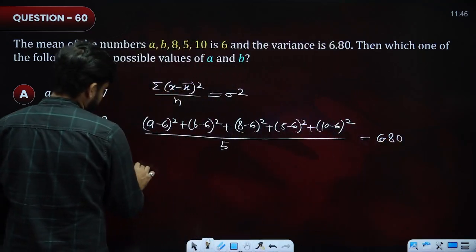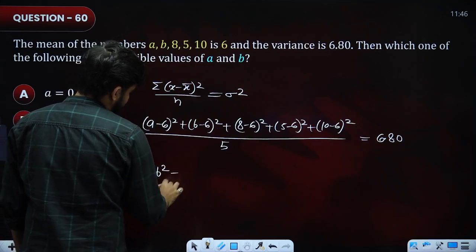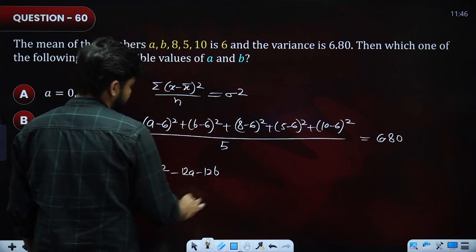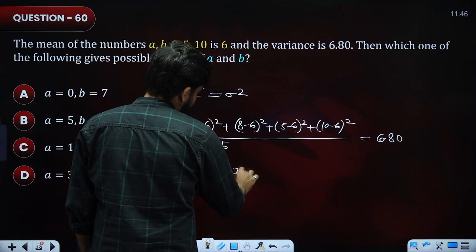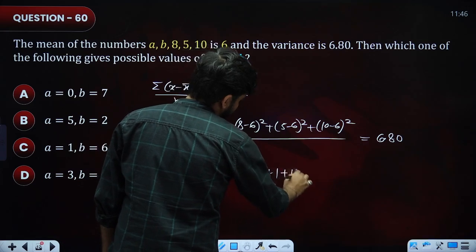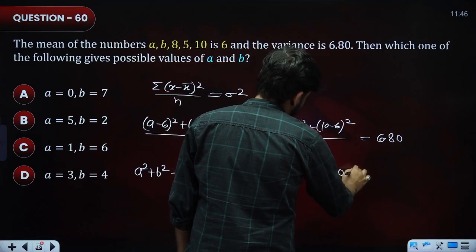Now we can write A square plus B square minus 12A minus 12B plus 72 plus 4 plus 1 and plus 16, it is equal to 6.80 into 5.